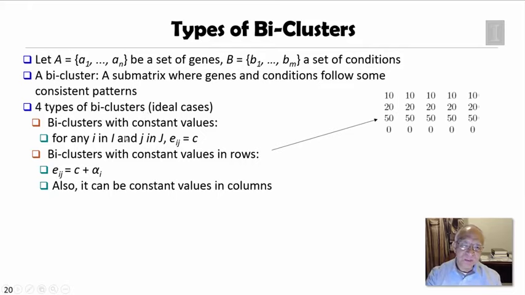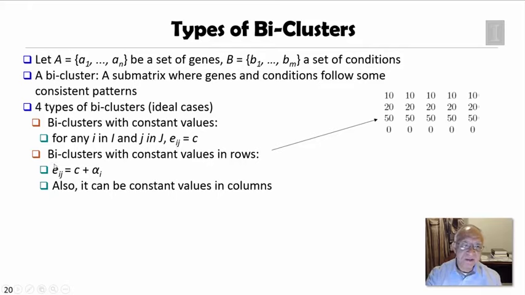We may find one kind of bicluster where every value is just a constant. Like if this one is 10, these are all 10s. This is an ideal constant-value bicluster. And this bicluster is very ideal, but barely can you see such cases.